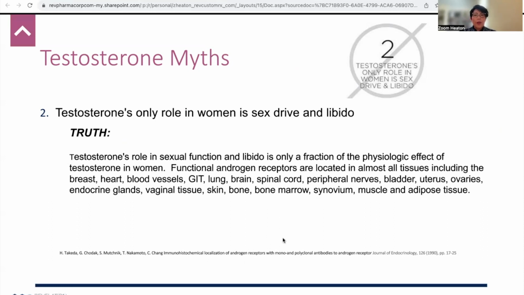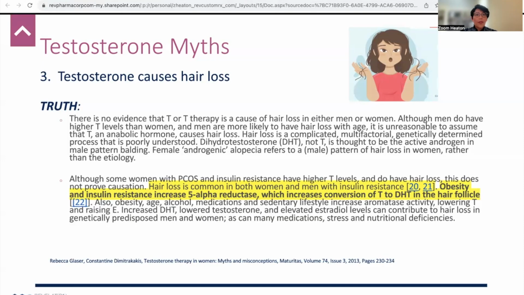So wherever there are androgen receptors, testosterone can work there, and it's very beneficial when it is at appropriate levels. Myth number 3, testosterone causes hair loss, and that's just not true.